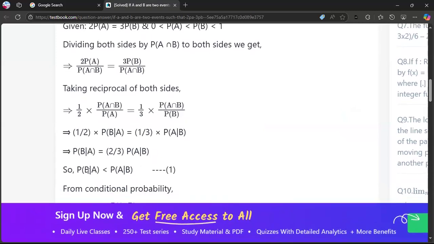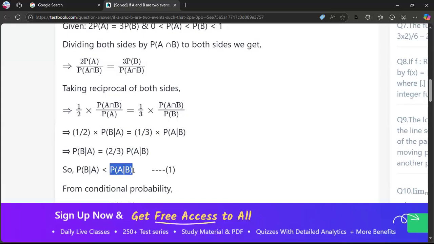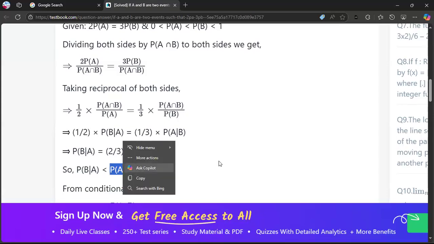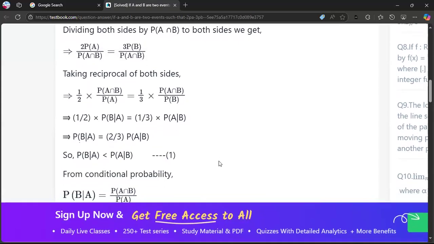From this, they conclude that the probability of event B given A has taken place is less than the probability of event A given B has happened. Why are they writing so? Because the ratio is 2 by 3, so it means that the probability of event A will be greater.